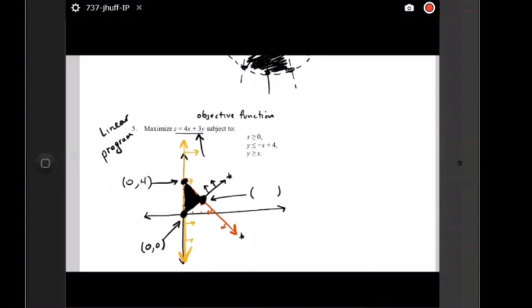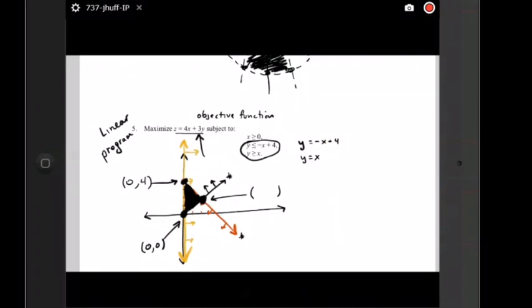Typically, when you're trying to find an intersection point by two lines, you have to solve a system of equations that generated those two lines. So if we have a system of equations now, y equals negative x plus 4 and y equals x, we could solve that system of equations to figure out the location of those two x and y values.